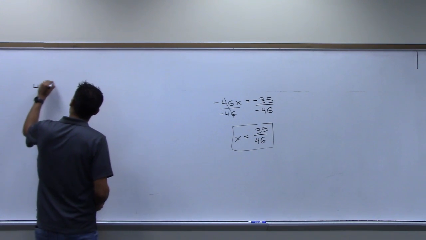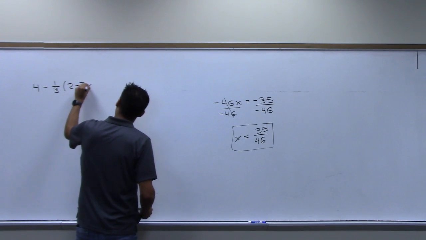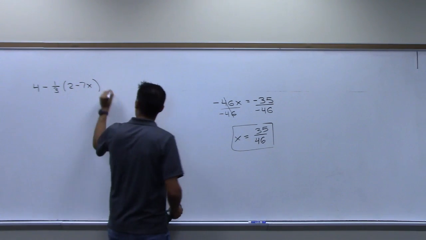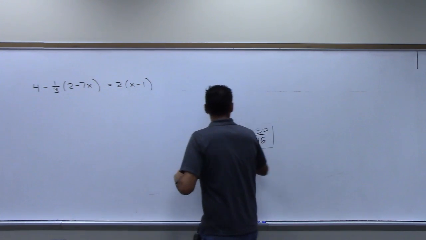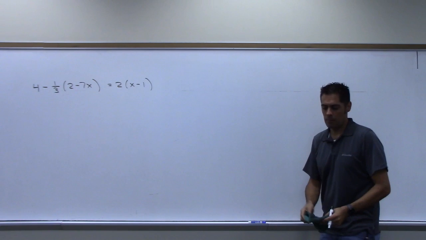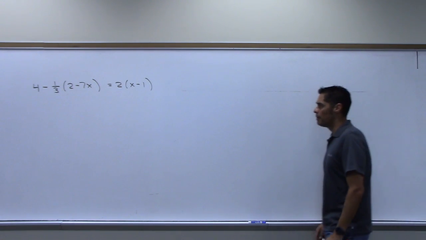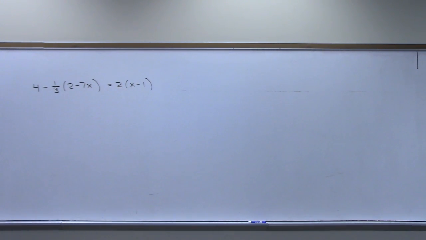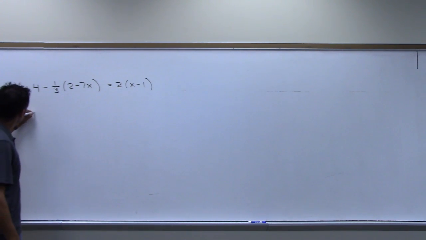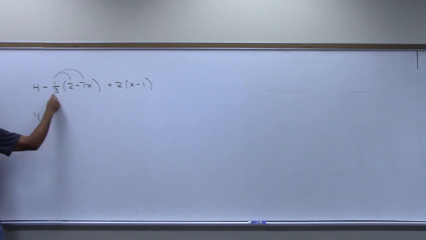4 minus 1/3 times the quantity 2 minus 7x equals 2 times the quantity x minus 1. This is a linear equation in one variable. I'm going to free the variable first. Parentheses, distribute through. So the 4 is going to come with me. And then I'm going to distribute a negative 1/3 through this.